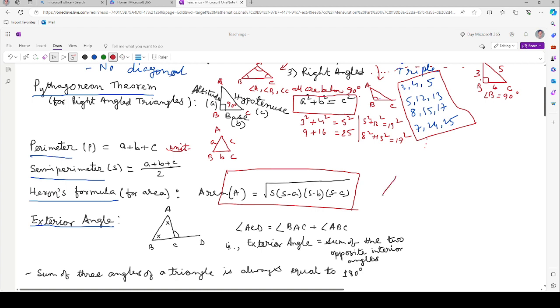If we know the lengths of the sides of a triangle like that, then we can easily find its area using Heron's formula. Heron's formula finds the area of a triangle: A equals root over of S into S minus A into S minus B into S minus C.